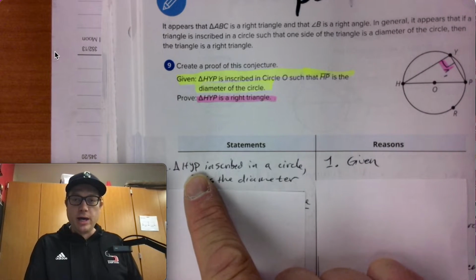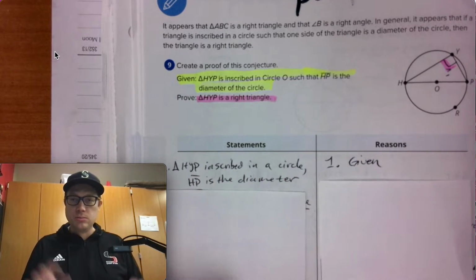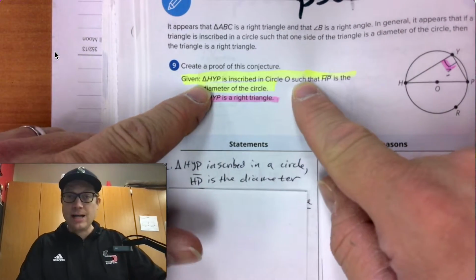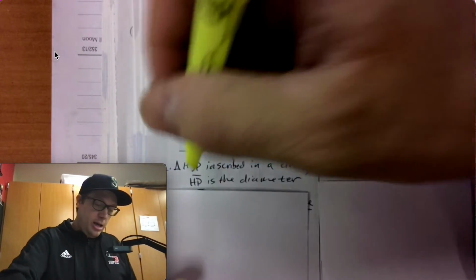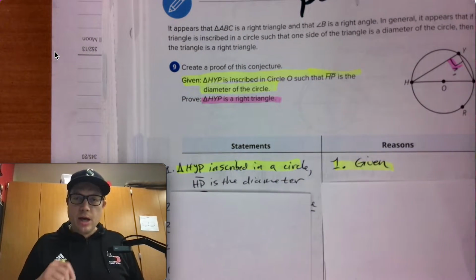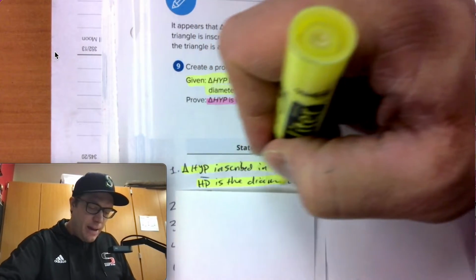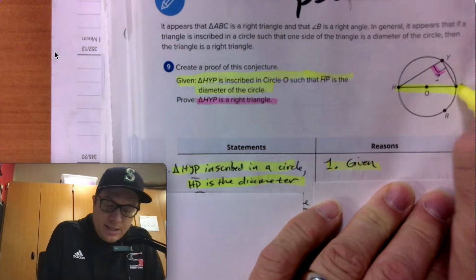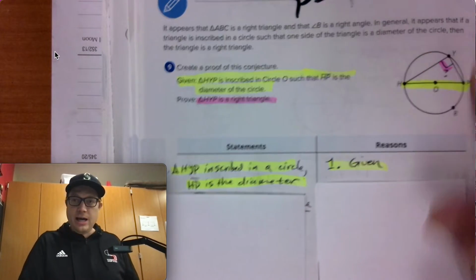We're going to say triangle HYP is inscribed in a circle, because that's the first given statement. And it's given, so I want to make sure that it goes first. In fact, also, HP is the diameter of that circle, and that's what we see on our diagram up here.